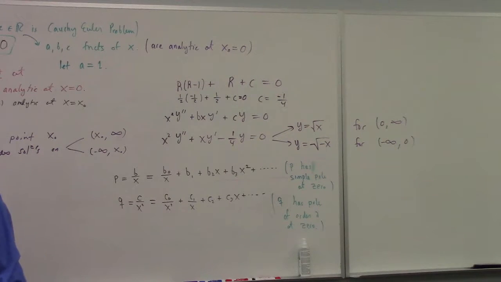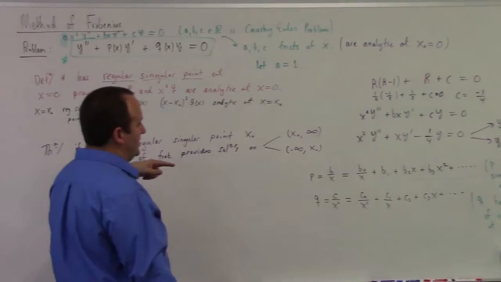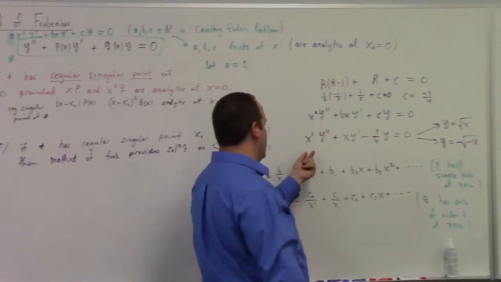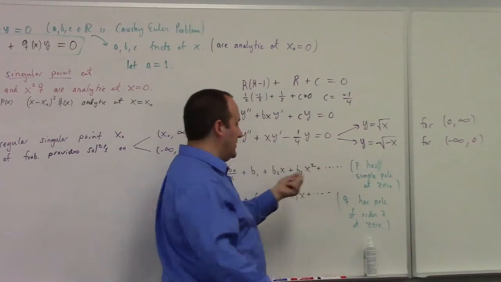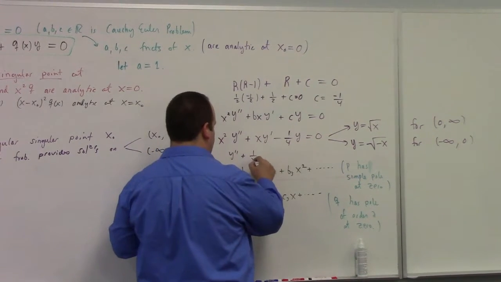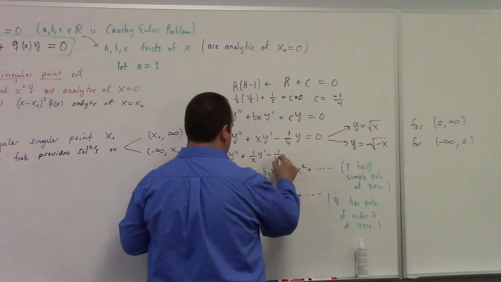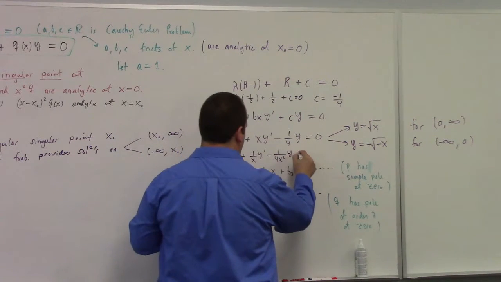Sorry, my brain is not working. So let's see here. What would p and q be? I guess I have to divide by x squared. So y prime prime plus 1 over x y prime, minus 1 over 4x squared times y equals 0.